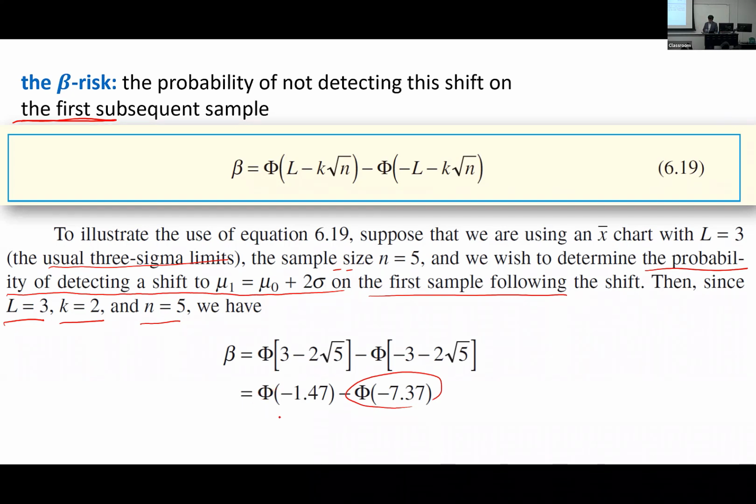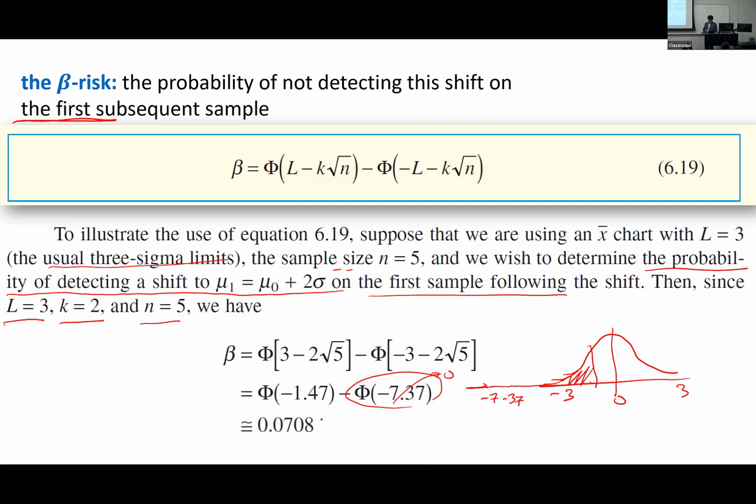Whenever I say phi, it means I'm looking at a standard normal that has a mean of 0 and a standard deviation of 1. This is the probability of the left-hand side of that point, so the area under the curve for minus 7.37. This should be close to 0, so I expect that to be just 0. How about minus 1.47? Somewhere here. That is probably some positive value.